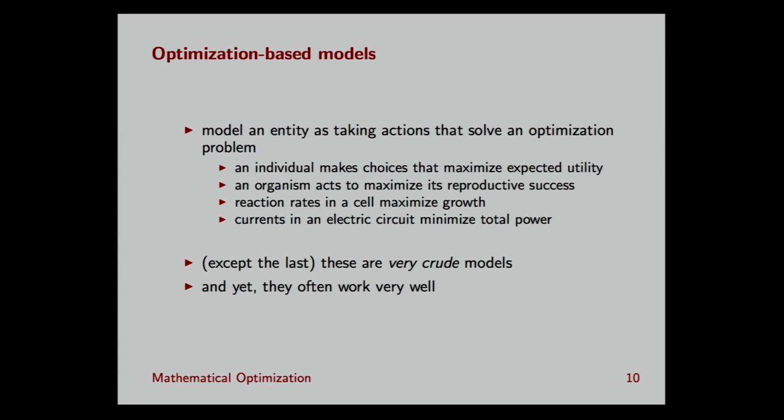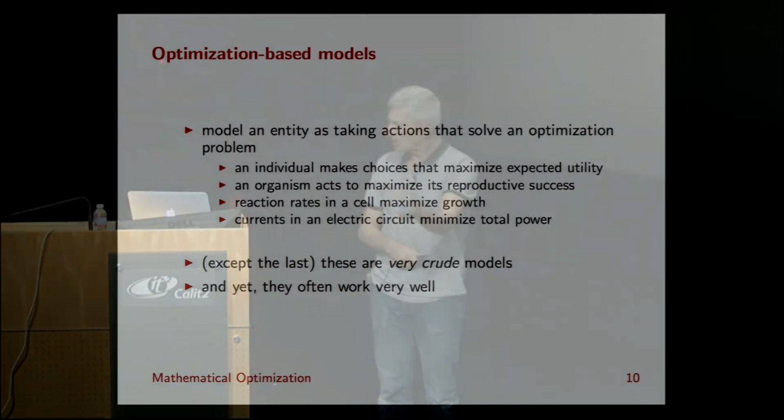Crude models based on optimization of something, right? By the way, a very interesting question is to observe behavior and figure out what it is they're optimizing. They don't know they're optimizing. They're flying a helicopter or something like this, but then you can impute what they're doing, and then you get a very good model.